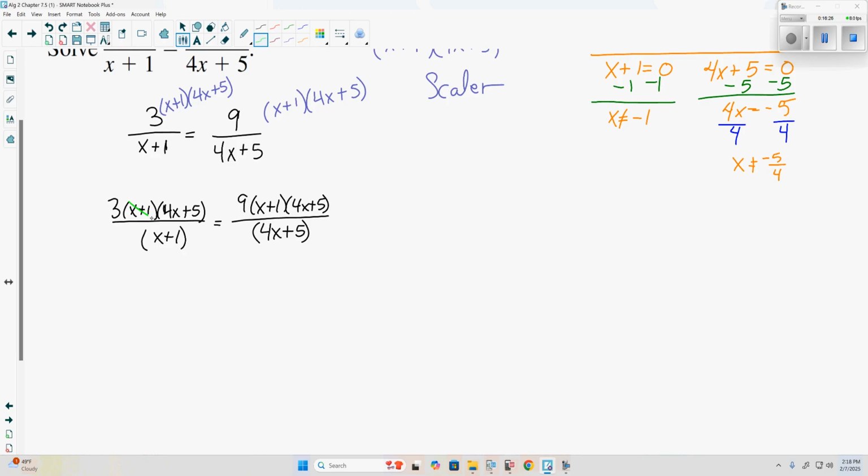Now on the left side, the x plus 1 and x plus 1 cancel, leaving us with 3 times 4x plus 5, is equal to, on the right-hand side, 4x plus 5 and 4x plus 5 cancel, leaving us with 9 times x plus 1.